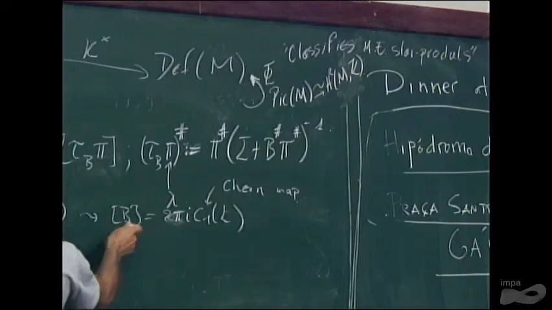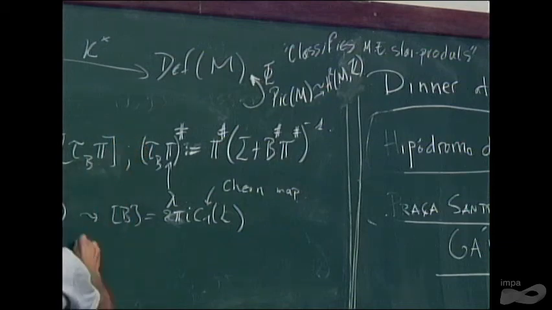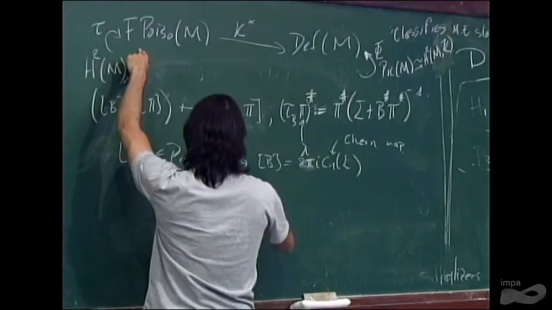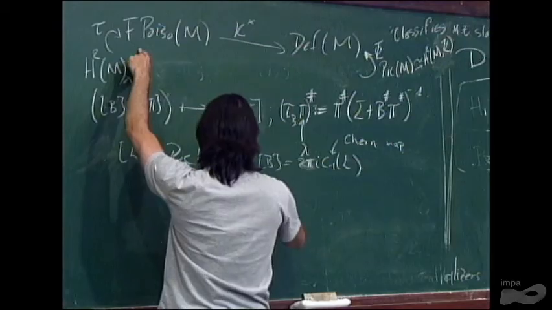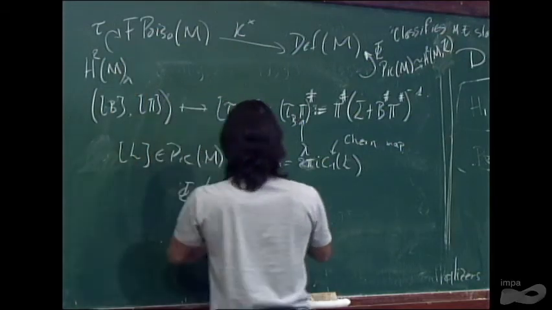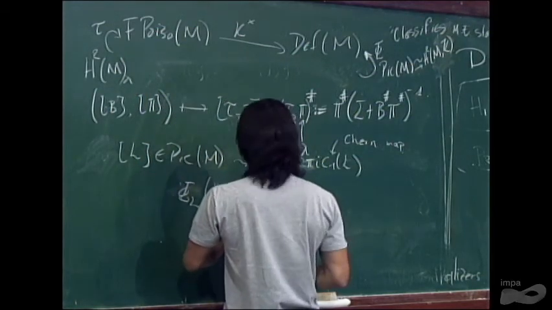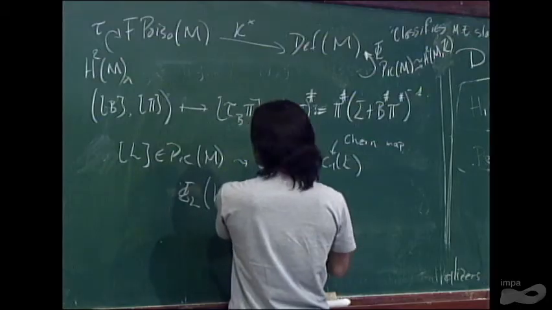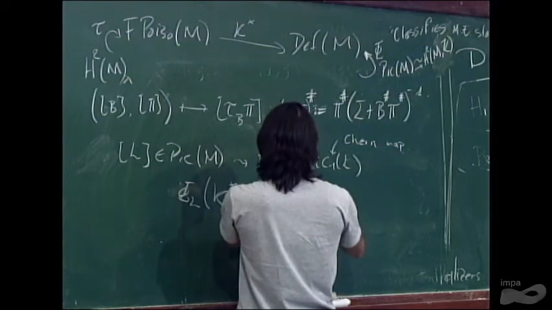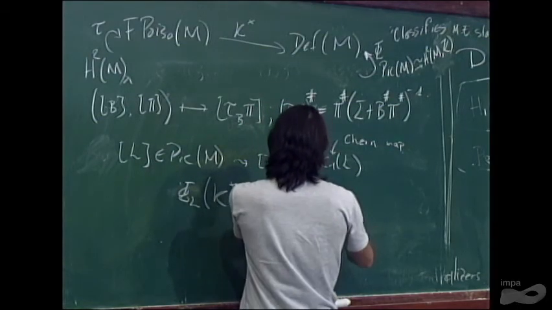And with that, this is equivariant. It means you take phi_L of the Kontsevich map, apply it to this equivalence class of formal Poisson structure, which is the same as taking the Kontsevich map of the equivalence class of this formal Poisson structure.